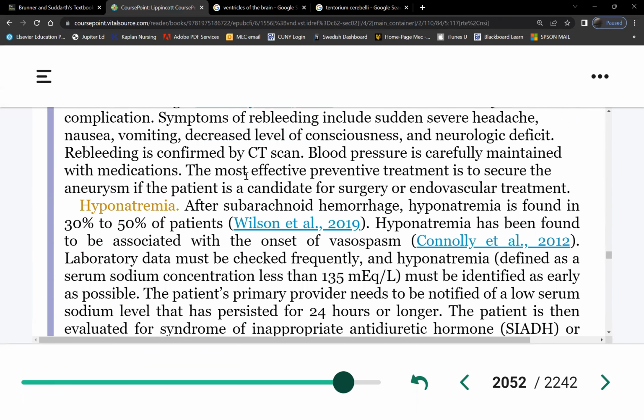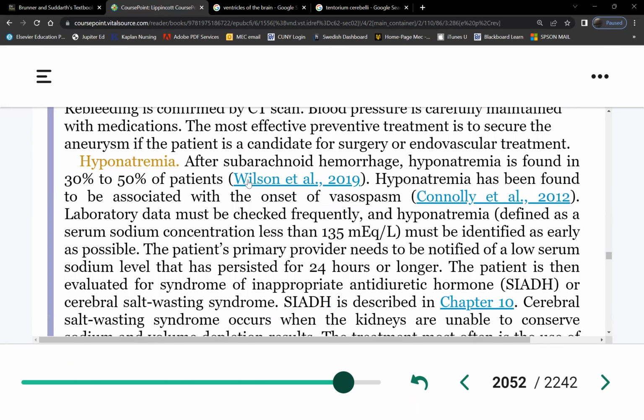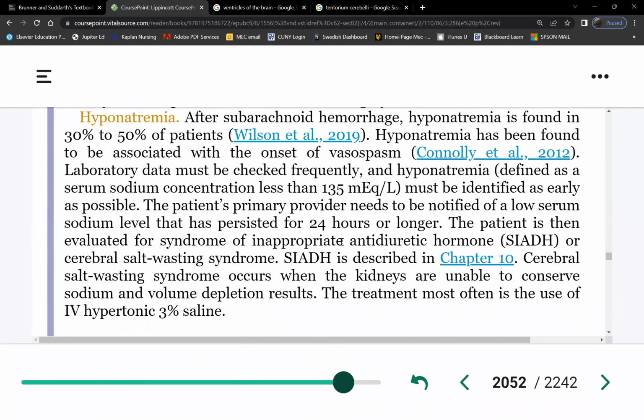I mentioned this earlier, the salt wasting syndrome. We can't really explain unless they have SIADH, but we don't know why patients with stroke or head injury experience hyponatremia. That's what we call a syndrome we can't really explain.